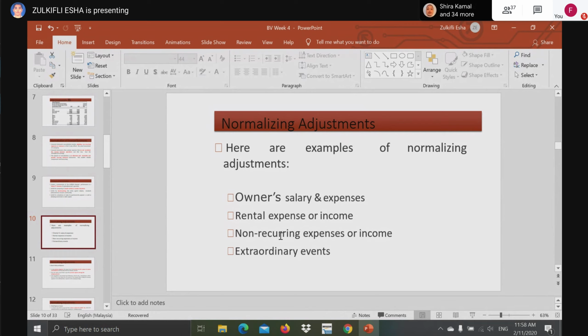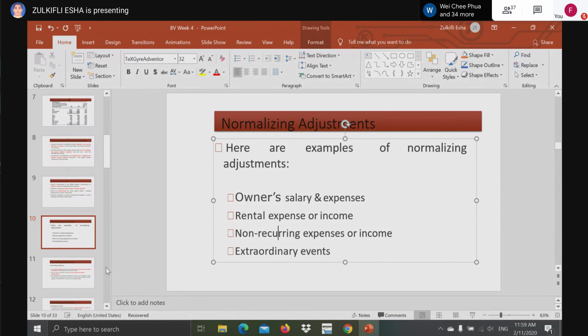In this example, you may find that it looks easy, right? But when you are doing real business valuation cases, it may not be as easy as the examples I have just shown you in the few previous slides.